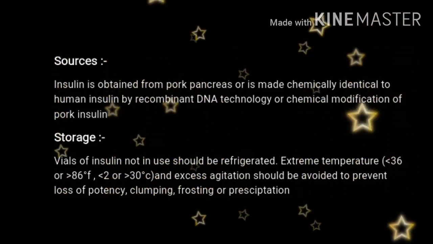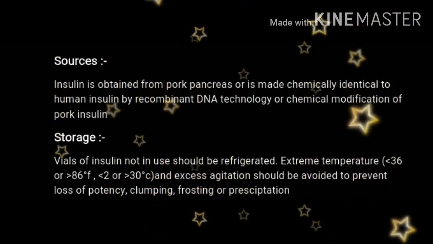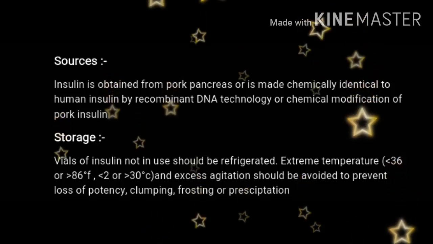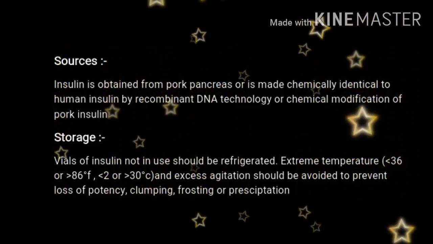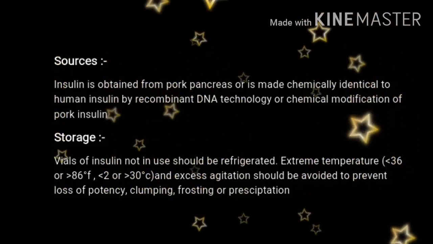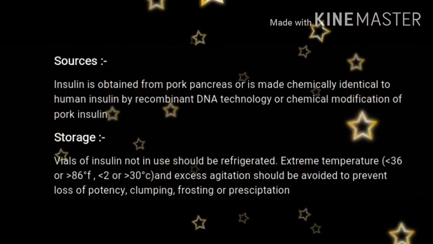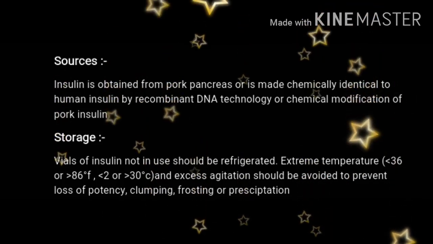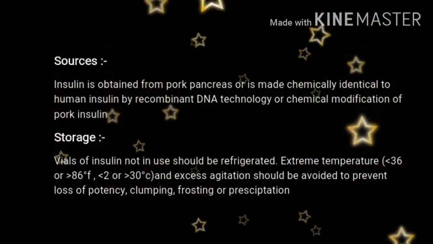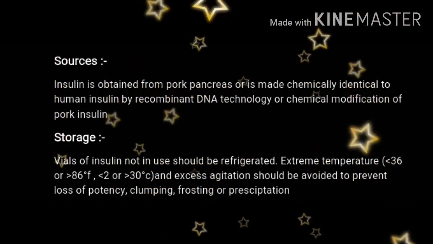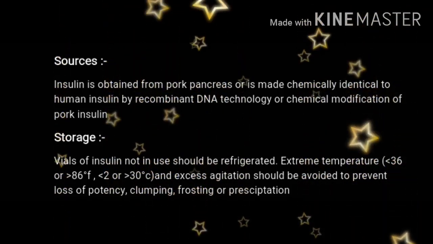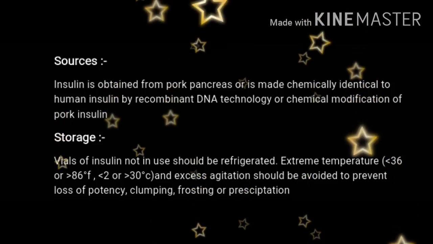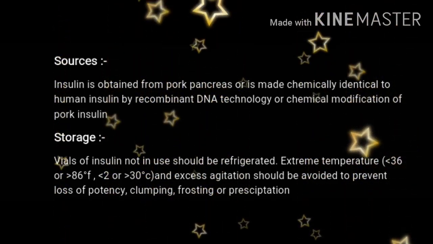Then, storage of insulin. How to store insulin? A vial of insulin not in use should be refrigerated. Extreme temperatures, that is more than 86 degrees or less than 36 degrees Fahrenheit, or in Celsius more than 30 degrees or less than 2 degrees, and excess agitation should be avoided to prevent loss of potency, clumping, frosting or precipitation.